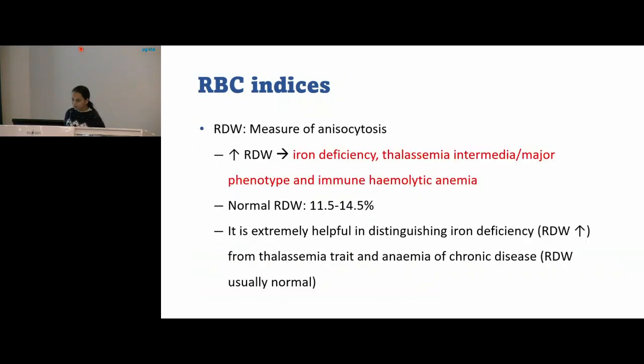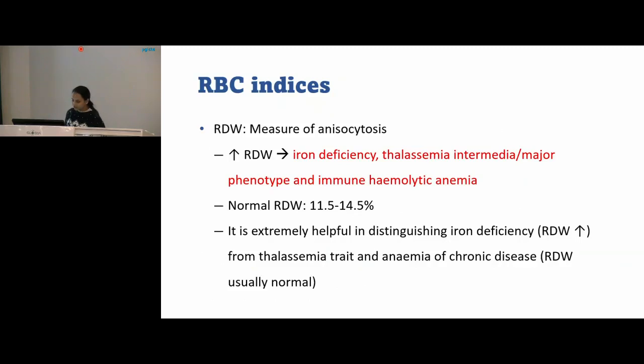Another index would be your red cell distribution width, which is the measure of anisocytosis. An increased RDW means that you have cells of all different sizes in the circulation. That usually happens in iron deficiency anemia, in thalassemia intermedia or major phenotype, and in hemolytic anemias. The normal range is somewhere around 11.5 to 14.5%.